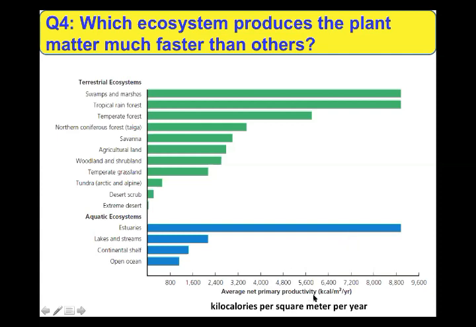You can see this calculated in this graph, in kilocalories per square meter per year, the amount of biomass produced in a year. It is much higher in the case of swamps and marshes in a terrestrial ecosystem.